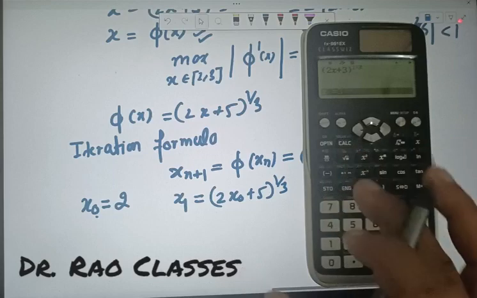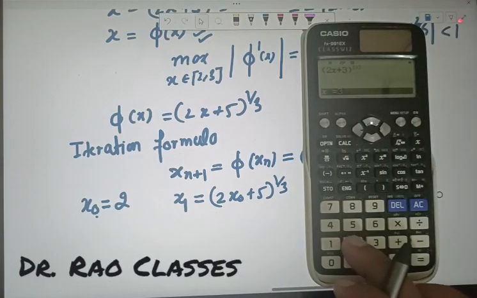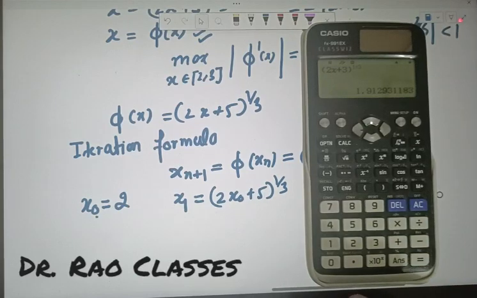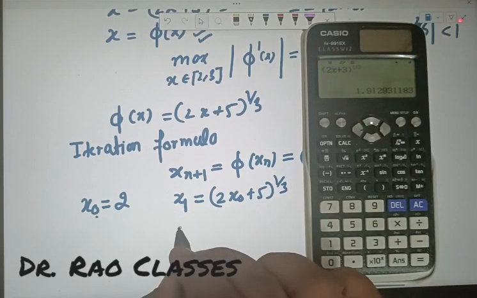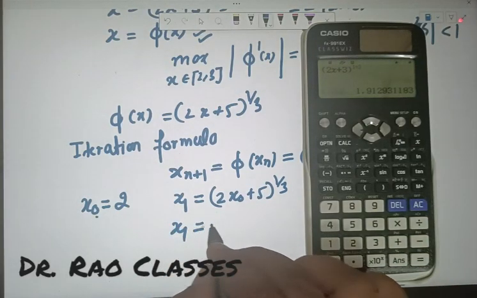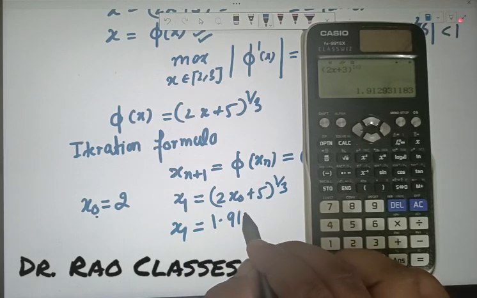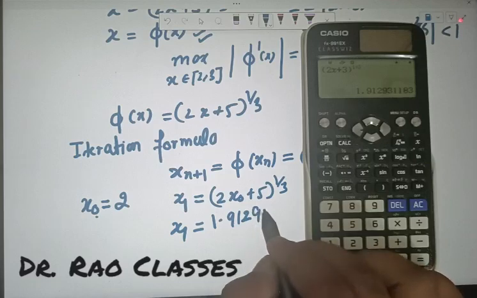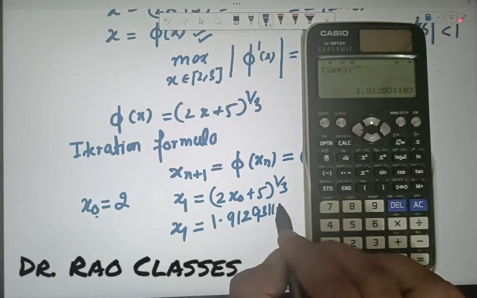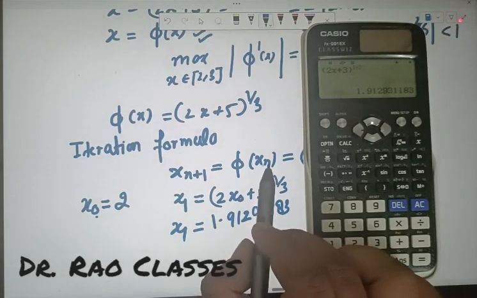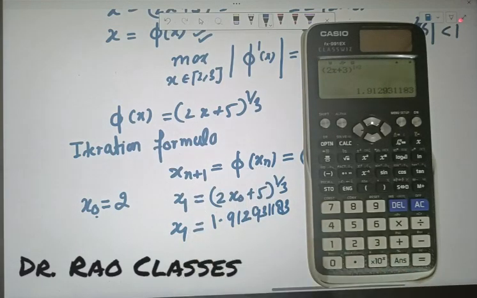Then press calc and give the value 2 as x naught. You will find the answer, that is 1.9129. I am writing here x1 as 1.91293183.